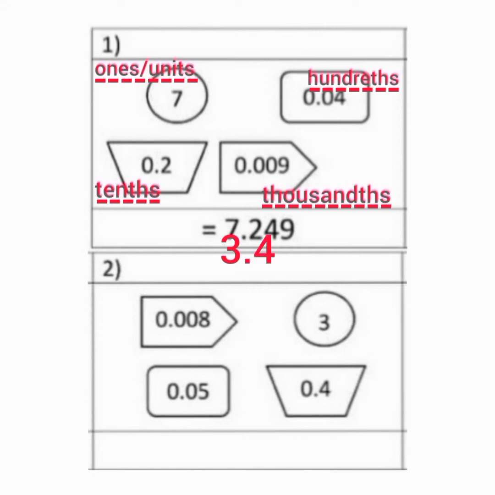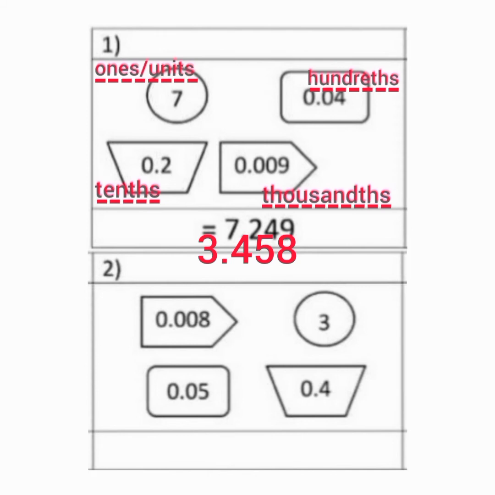For the hundredths place, we know that the rectangular type shape represents it, and the number inside of it is 5 hundredths. The irregular polygon represents the thousandths place, and the number inside of it is 8 thousandths. So the answer for number 2 is 3 and 458 thousandths.